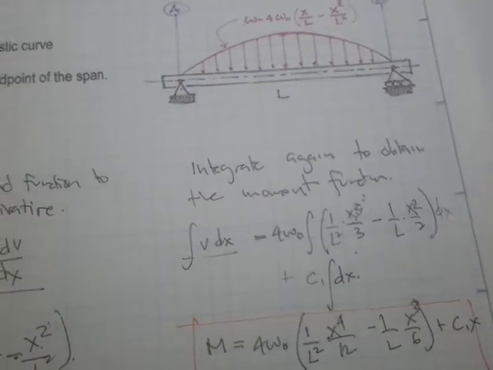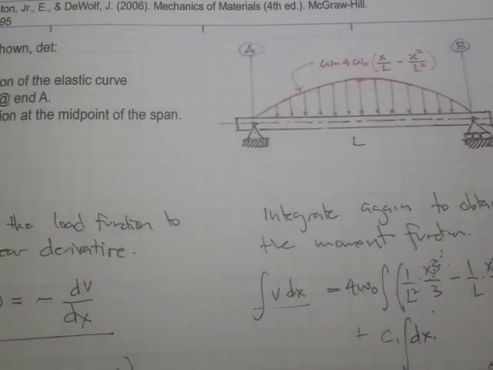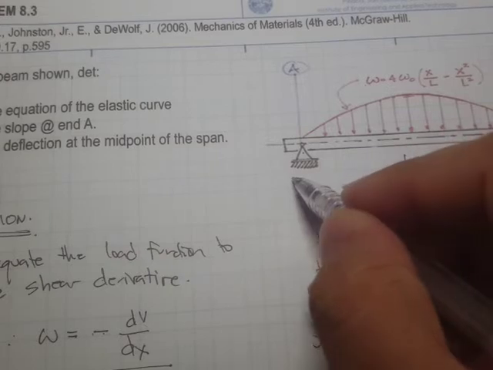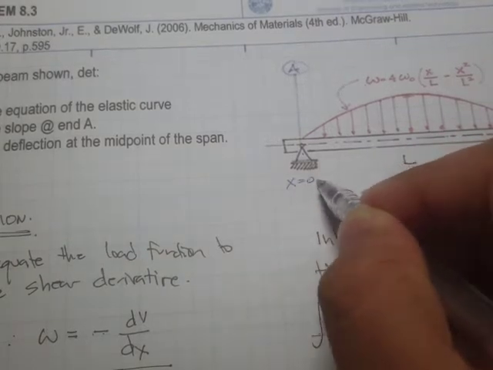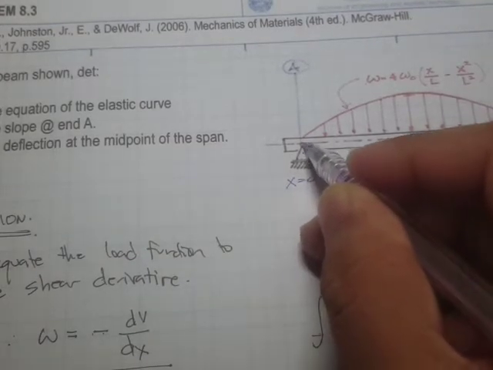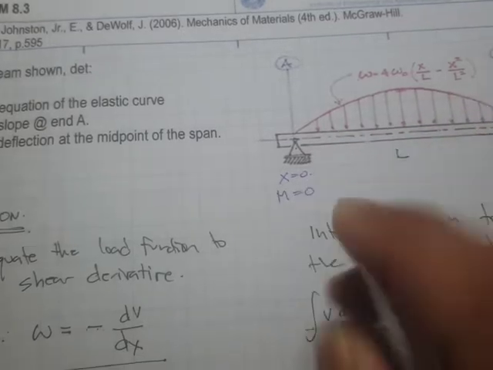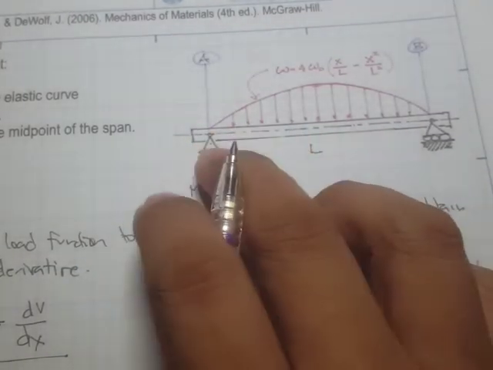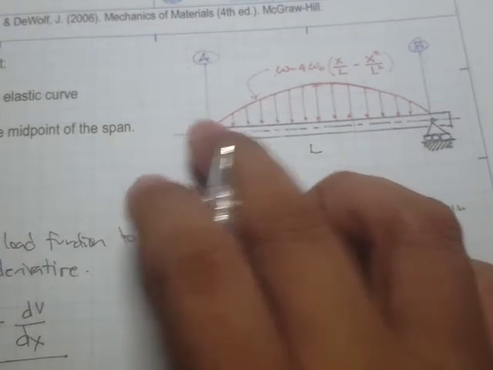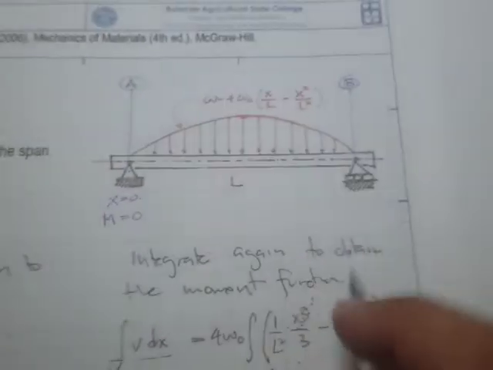Right here you would see that the boundary conditions, this is x is equal to 0. So what's the moment at this plane support? The moment right here is just 0, because the pin allows rotation. So right here would be 0.